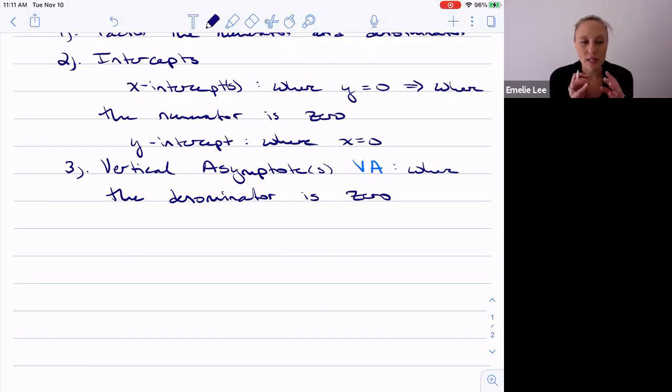The vertical asymptote has that additional step of you pick test points, because what we want to know is how does it behave as we approach the vertical asymptote from the left and from the right, okay?